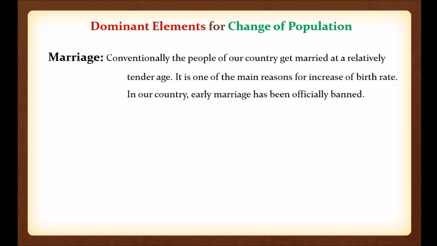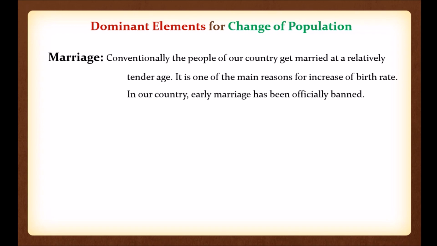Then marriage. Conventionally, the people of our country get married at a relatively tender age. It is one of the main reasons for the increase of birth rate. In our country, early marriage has been officially banned. Now you might be wondering what is tender.